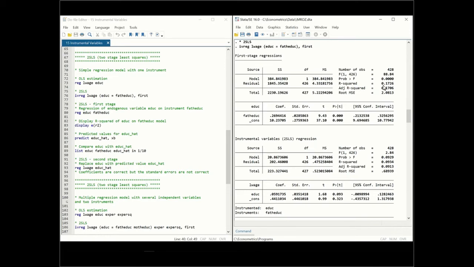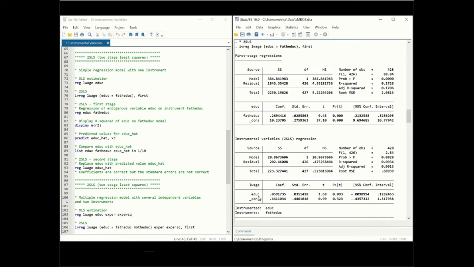So now, from this first stage, what we're going to do is calculate education hat, which is the predicted values. And then in the second stage of the two-stage least squares regression, we would be regressing log of wage on education hat. This education hat here is the predicted values coming from this regression here. So even though Stata says education, it's actually education hat that is in here.